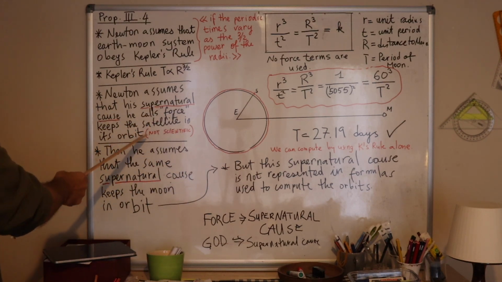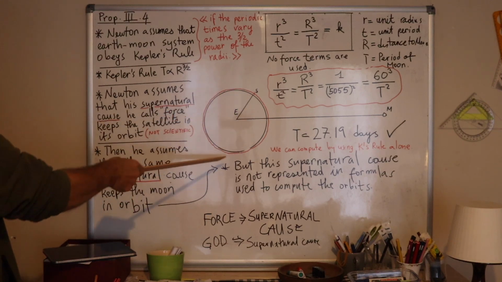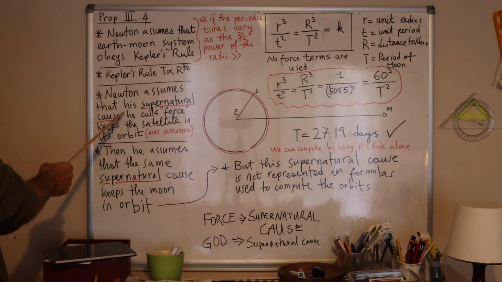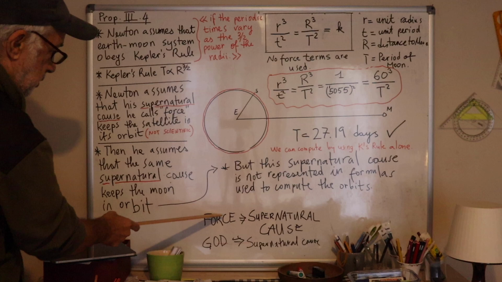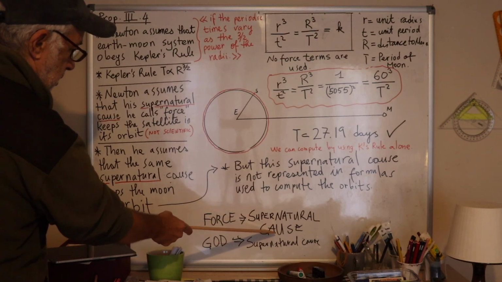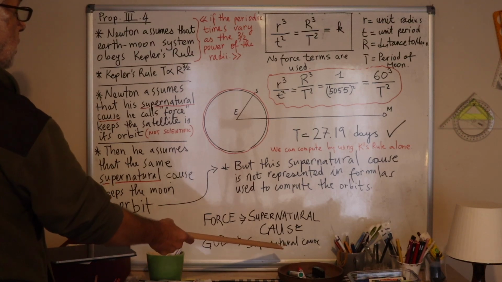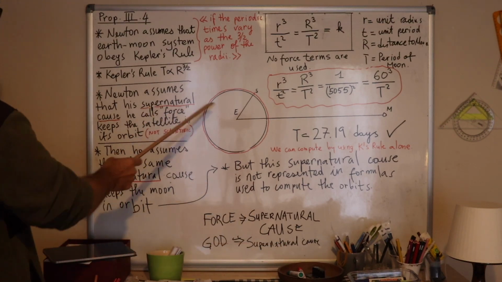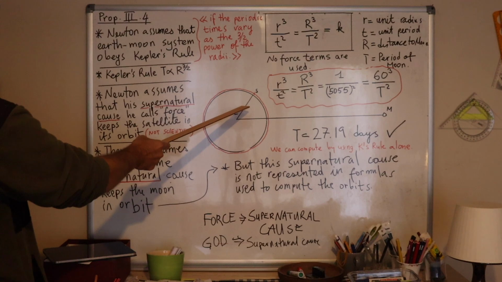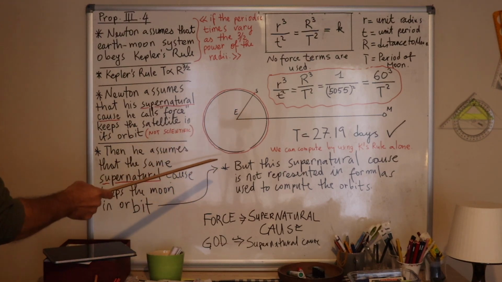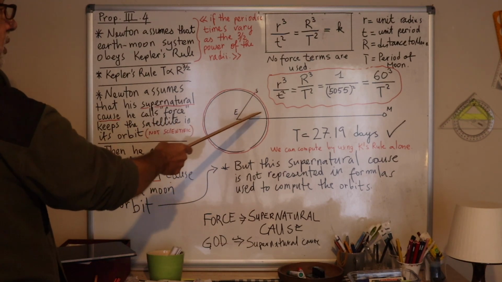We no longer explain natural phenomena like orbits with supernatural causes. Force is a supernatural cause, just the same as God is a supernatural cause. Instead of force, we can use God. So Newton might have said God keeps the satellite in orbit and the Moon in orbit.